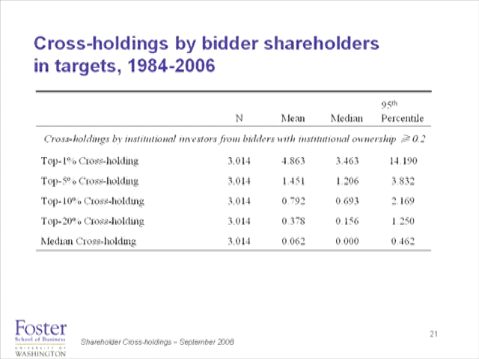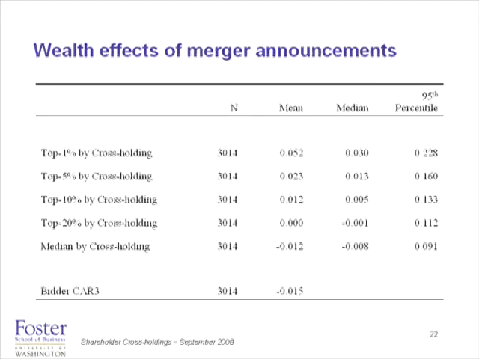In the average bidder, some portion of its shares are held by shareholders that have big cross-holdings, and in some bidders, even 50% of its shares are held by shareholders that have relatively large cross-holdings.